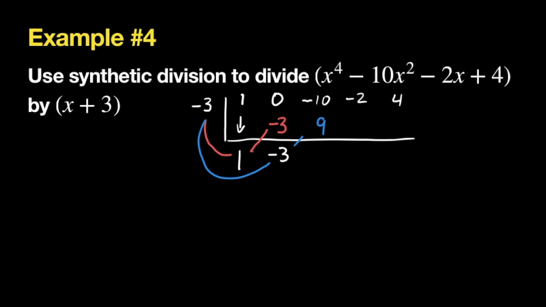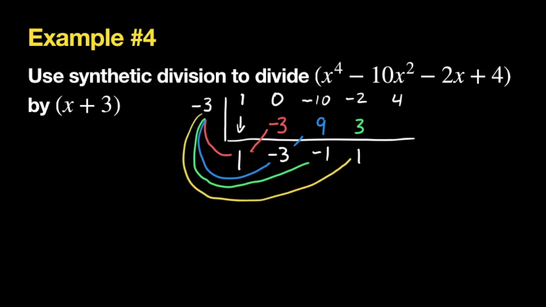Negative 10 and positive 9 gives us negative 1. Negative 3 times negative 1 gives us positive 3. Negative 2 and 3 gives us positive 1. And then we have negative 3 times 1, negative 3. Our remainder in this one is going to be 1.